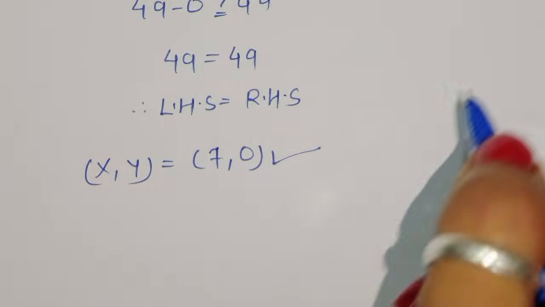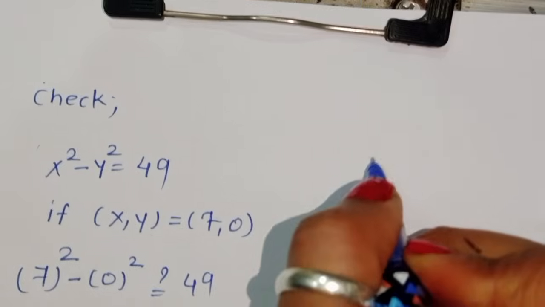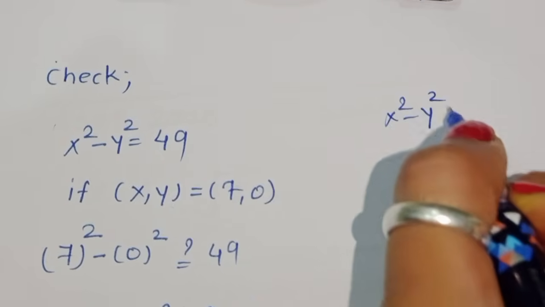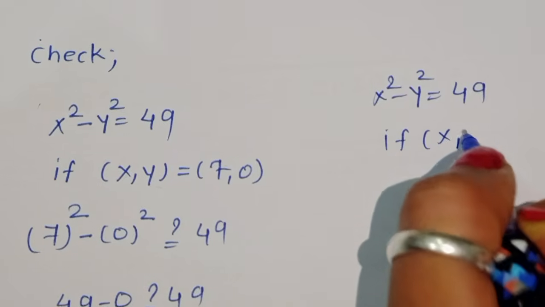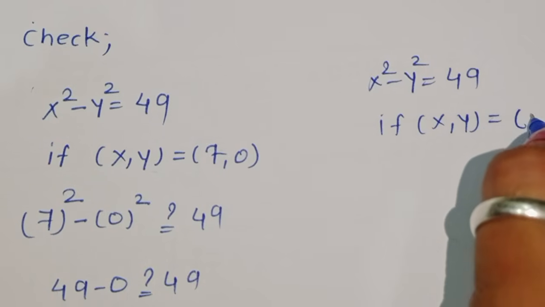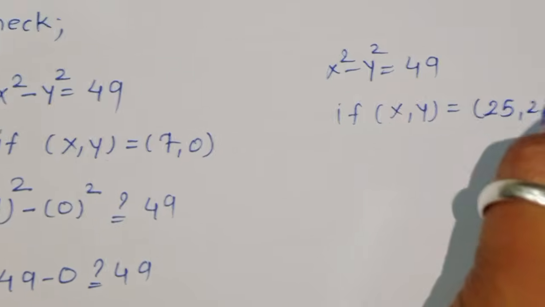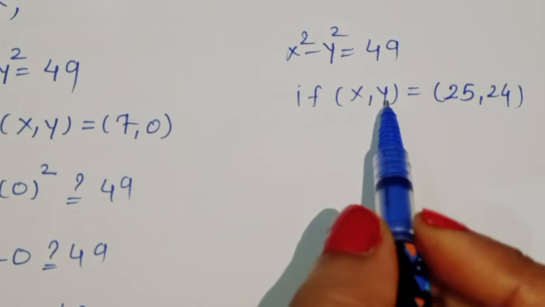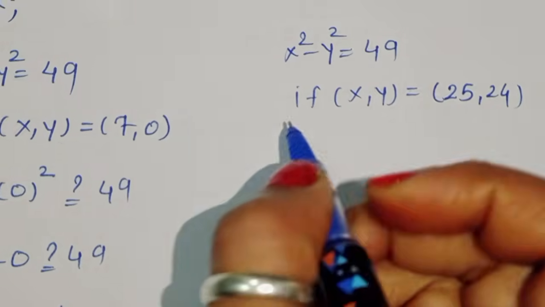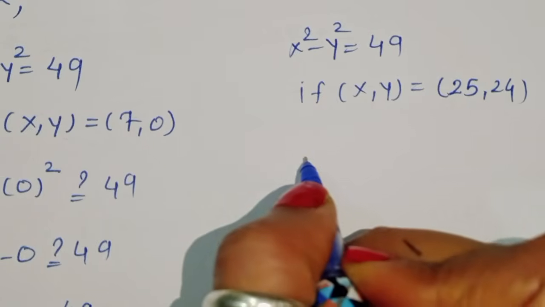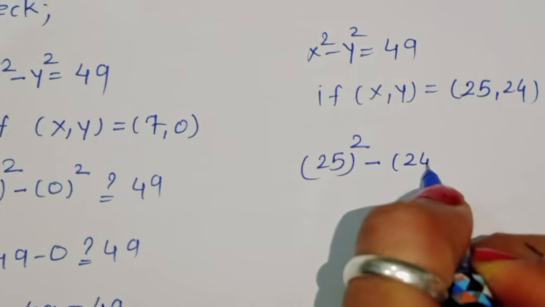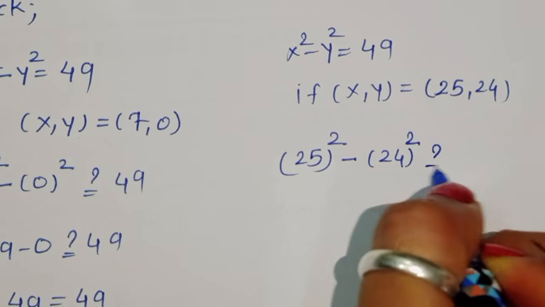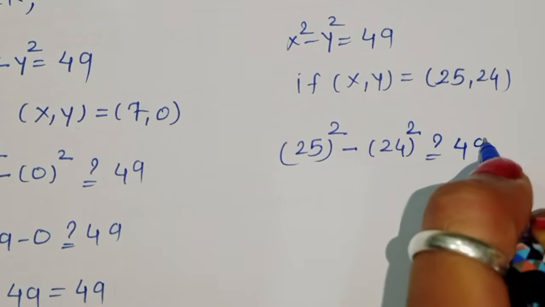Now we are taking the second solution. x square minus y square is equal to 49. This is the given question, and if xy is equal to 25 and 24, the value of x is 25 and at the same time the value of y is 24. So 25 square minus 24 square, question mark 49.